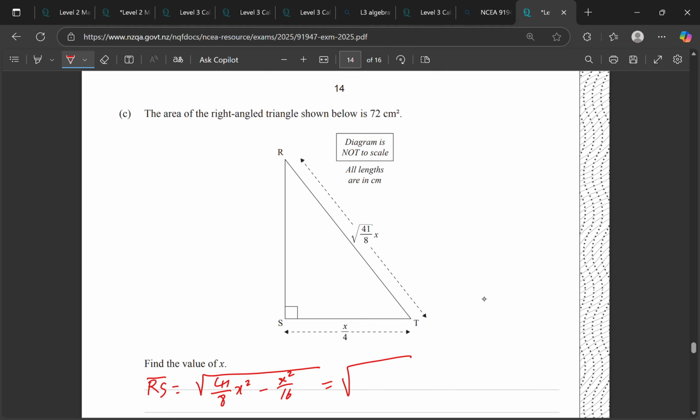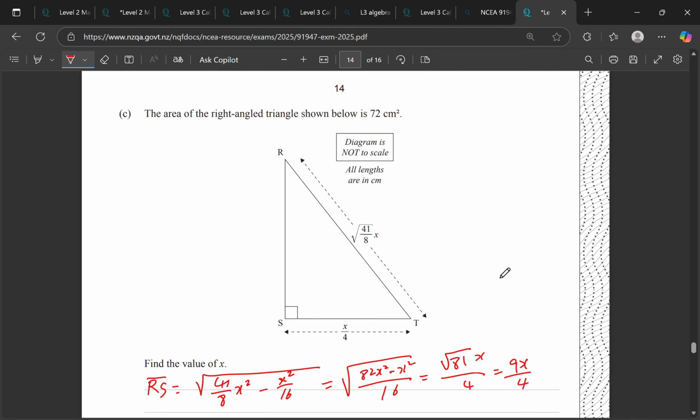So that gives me square root of 82x squared over 16. Hold on. Oh yeah, that's right. Minus x squared over 16, which is square root of 81x squared over 16, which is 9x over 4.